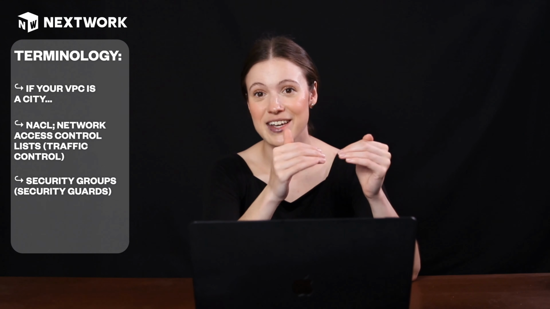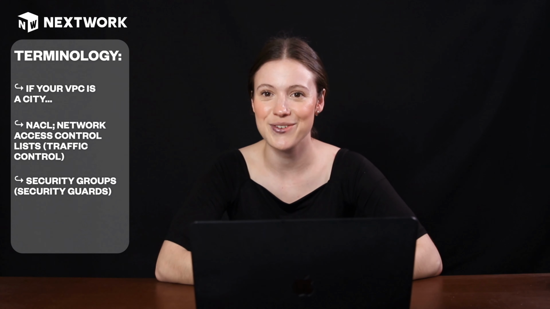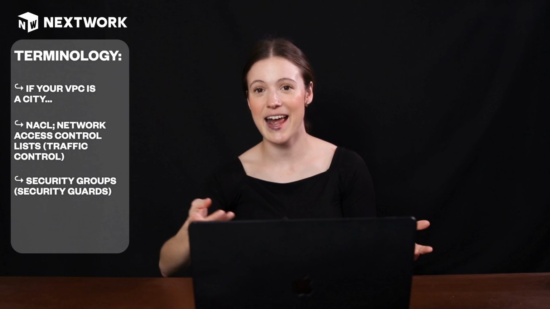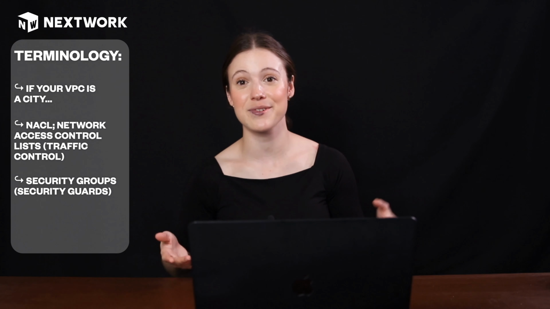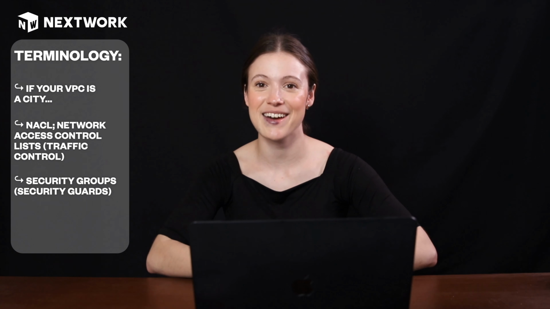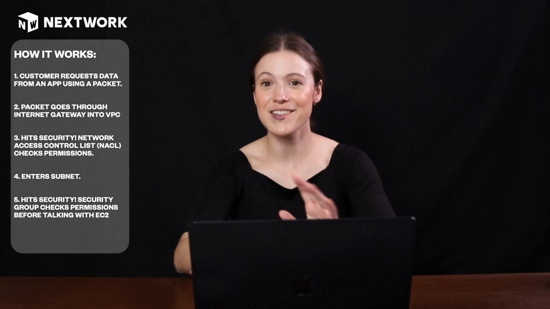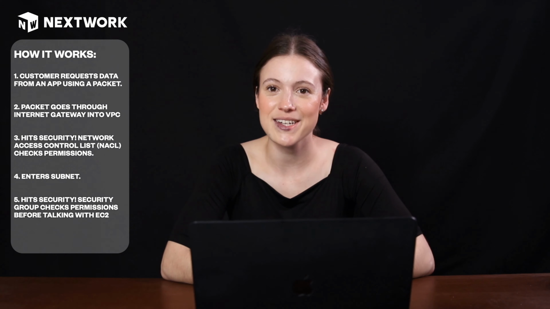So they are like security guards on that one building, a security group for your EC2 instances. Each building can have its own set of security groups or its own security guards that decide who goes in and who goes out.